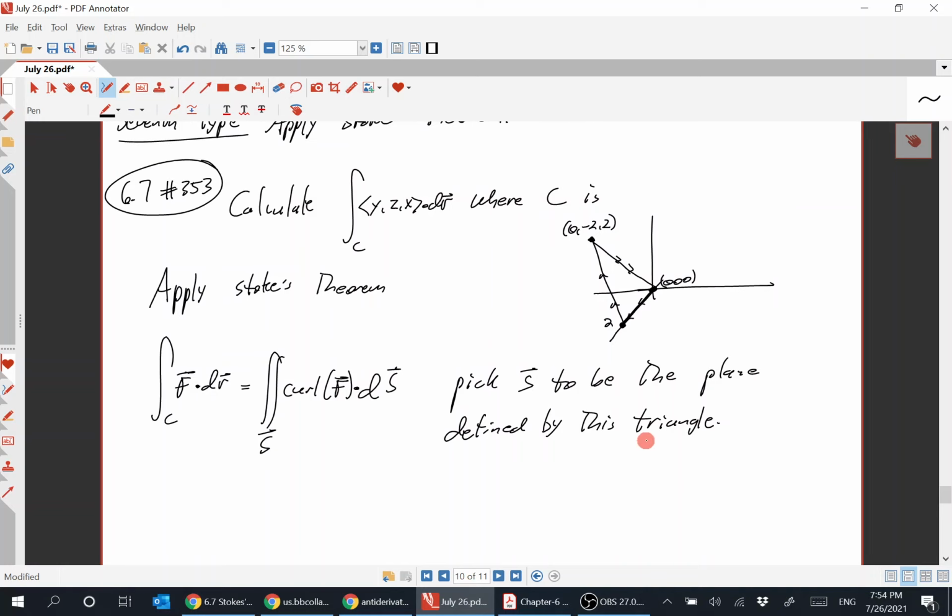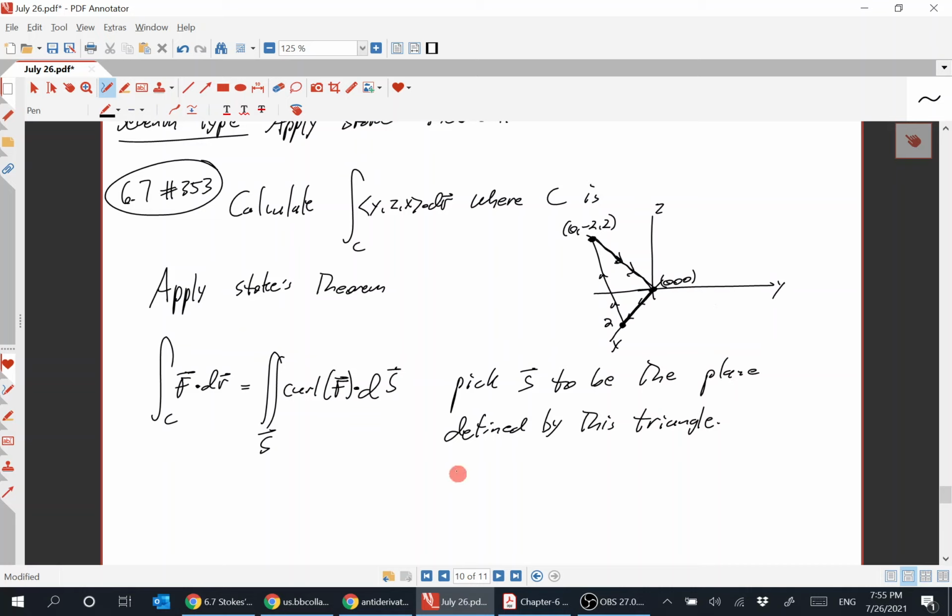So this is y, z, x. Maybe if I kind of do it, maybe it looks a little better. What's this line right here? That's the line z equals minus y. So this is the plane z equals minus y.